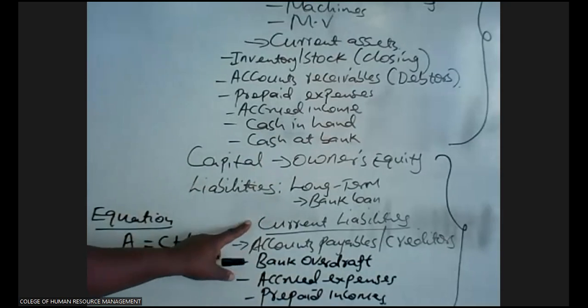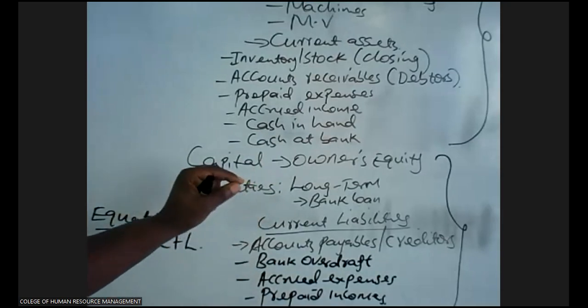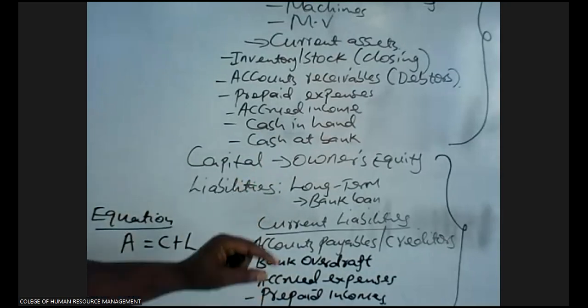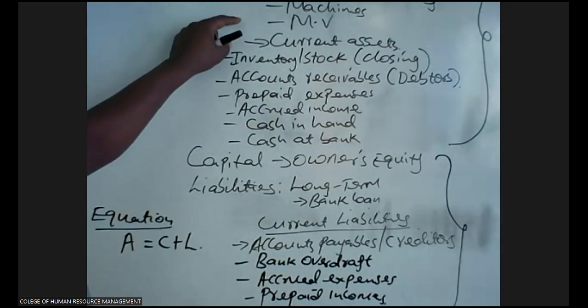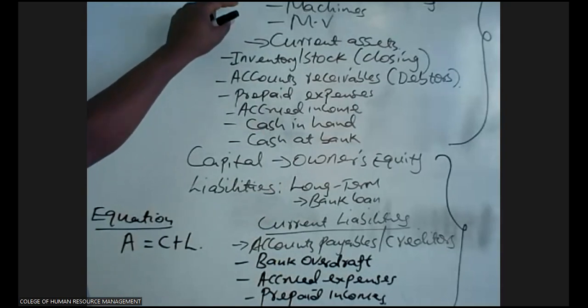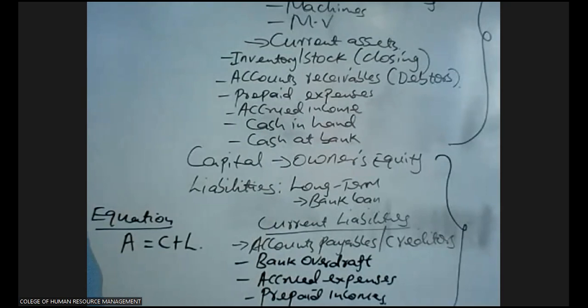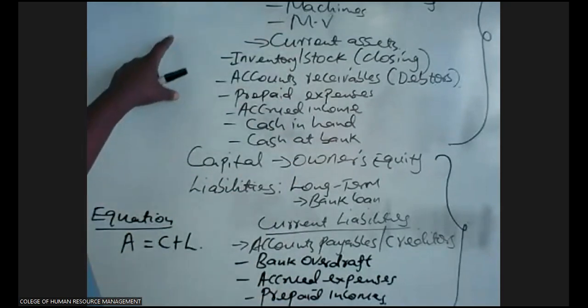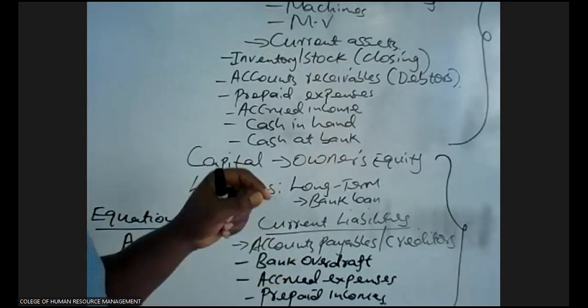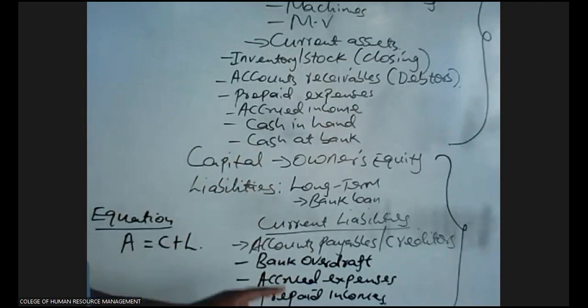Here we have capital and liabilities. If we add them, they should be equal to the value of the assets, both fixed and current assets. Because we normally say that these assets must have been financed using either capital or liabilities. We bought them using the owner's money that he invested in the business, or we bought them on credit.